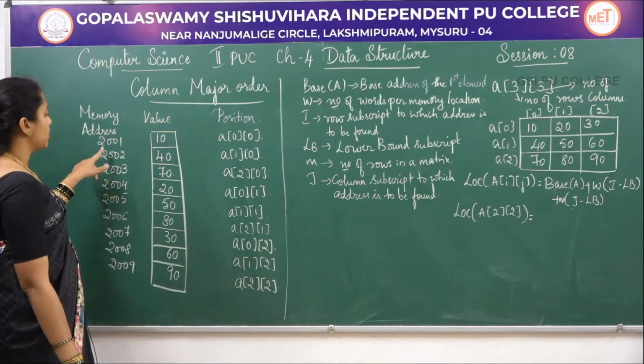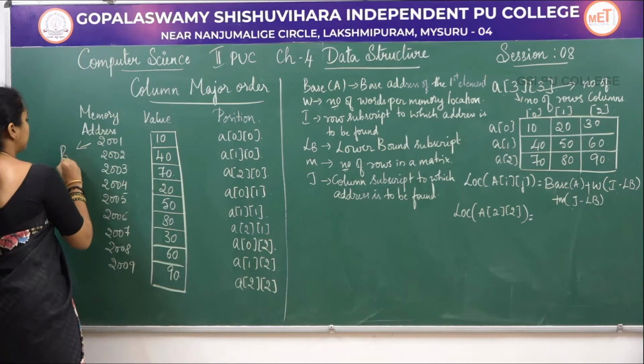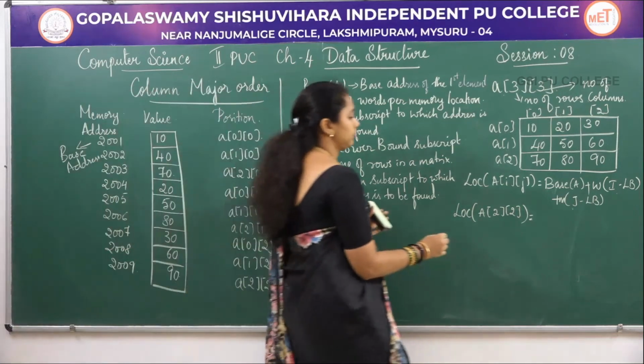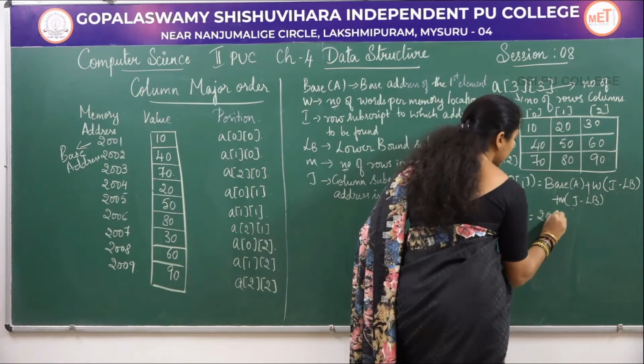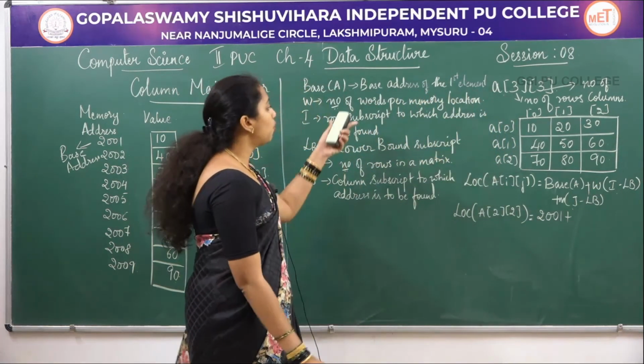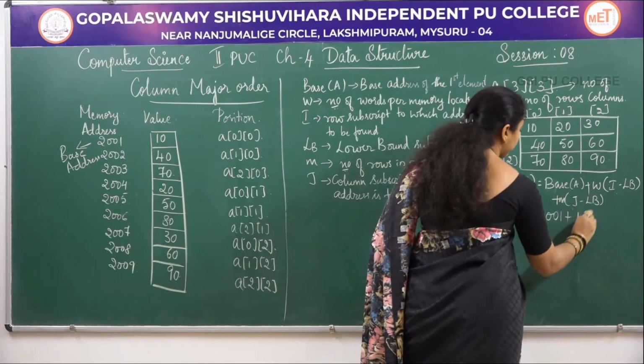The base address of the first element is 2001. 2, 0, 0, 1 plus W, which represents words per memory location, that is 1.